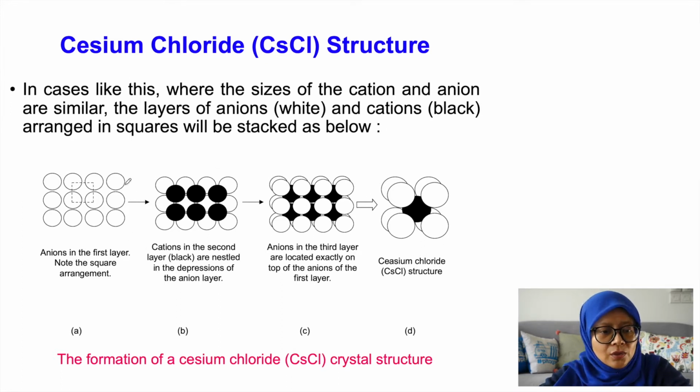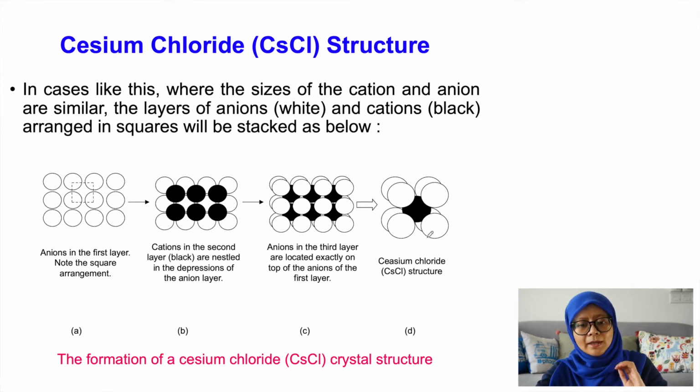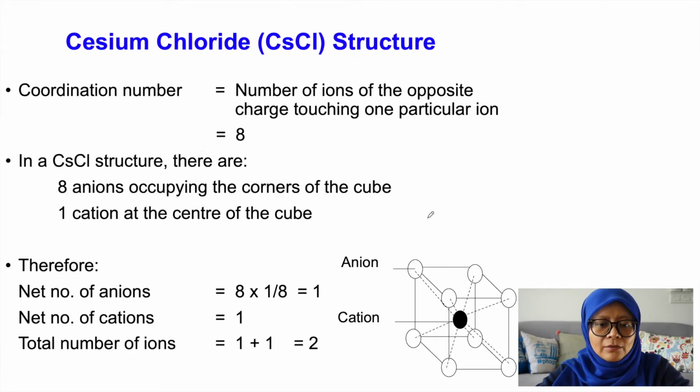So these are the anions, then stacked in squares with the cations, followed by the anions. What we have here, the cesium chloride structure, is based on the BCC, body centered cubic.